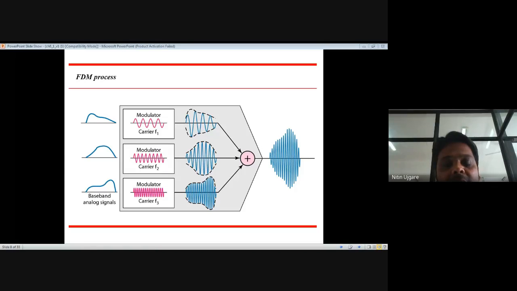Remember, in the last session we discussed the concept of guard bands. For what purpose do we use the guard band? Guard bands are used to prevent signals from overlapping. If we want to ensure that the channels do not overlap with each other, then each channel can be separated by strips of unused bandwidth, which are generally called guard bands.